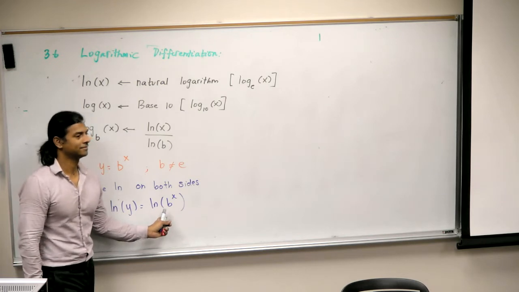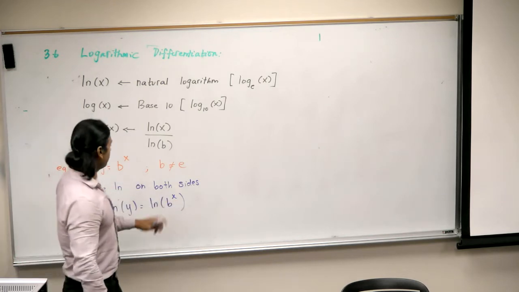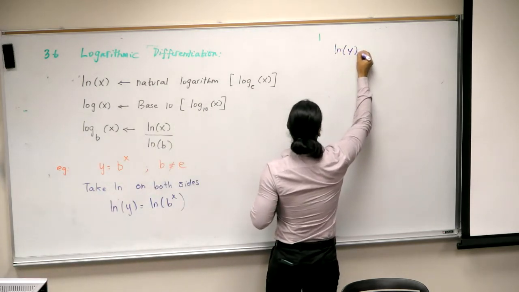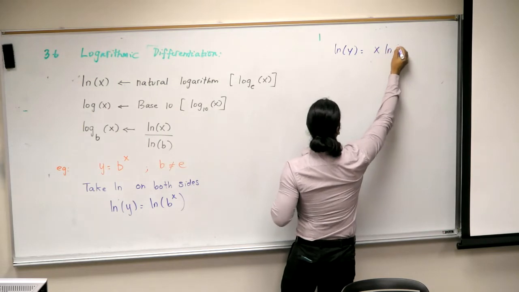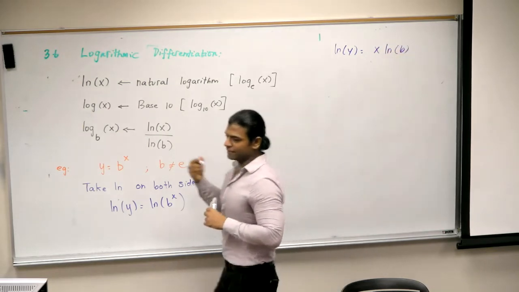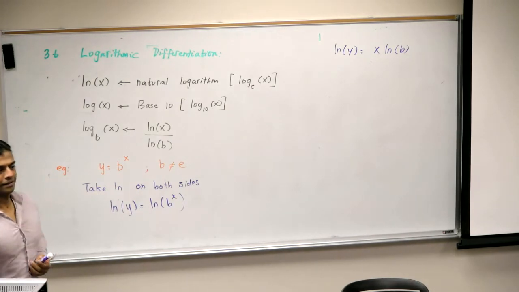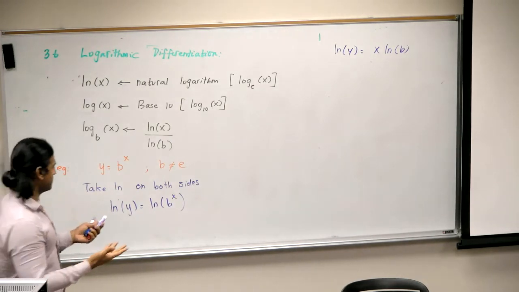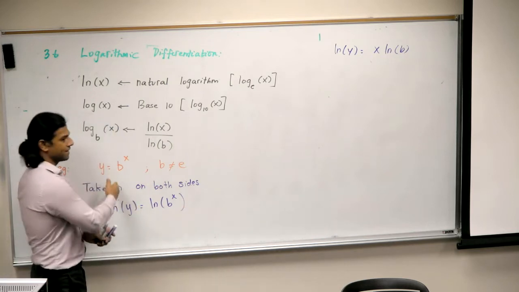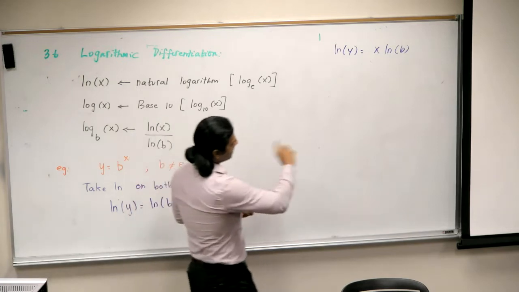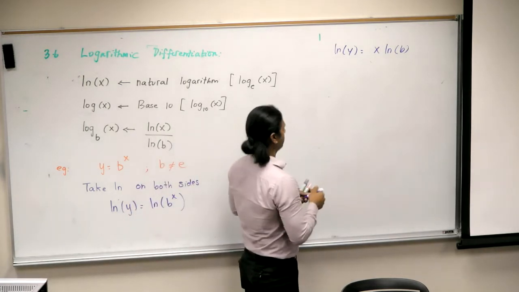The x comes to the front, and you have x multiplied by ln of b. Now ln of b is a constant because b is a constant. Do we agree?